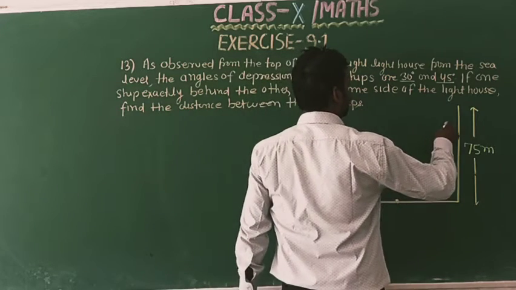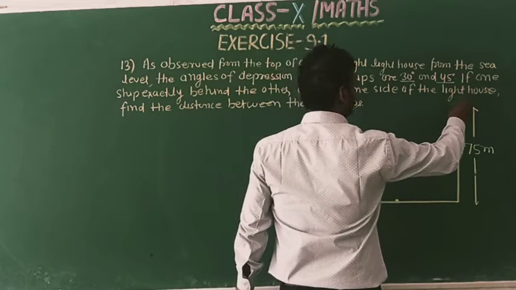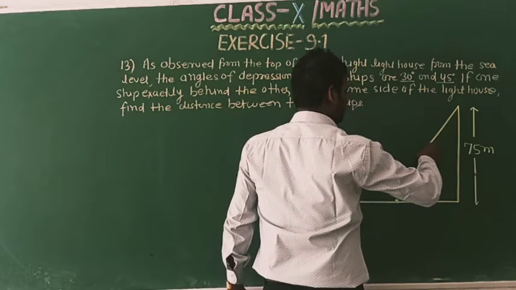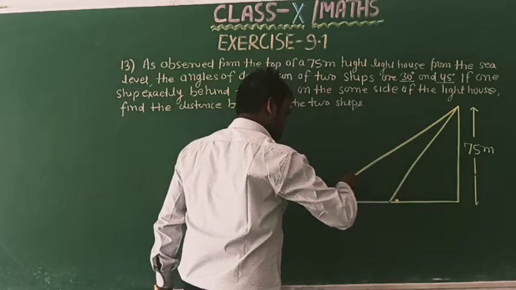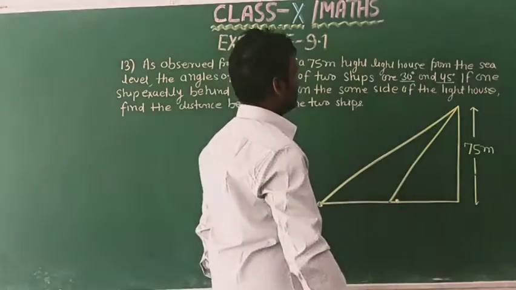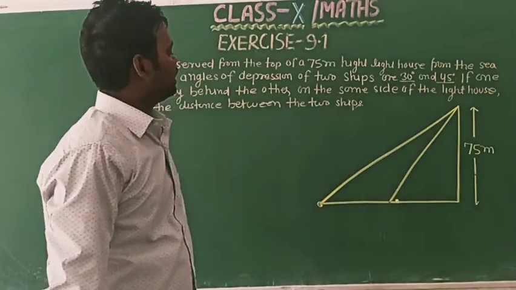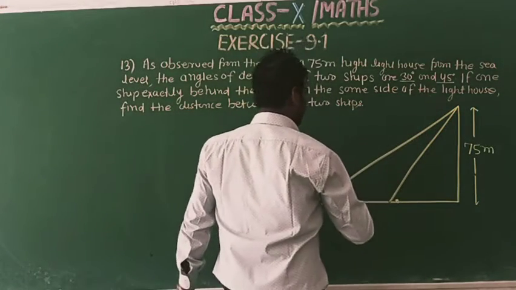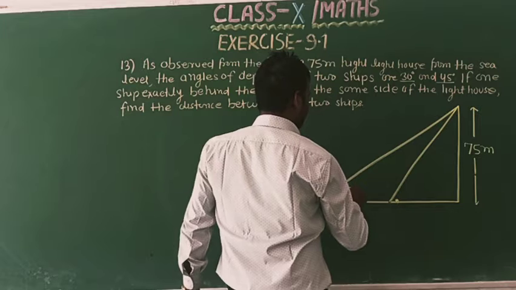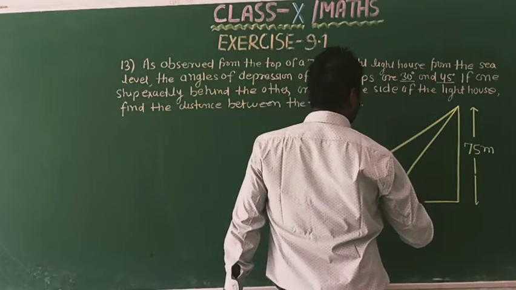Okay, the angle of depression of the first and second ship is given as 30 and 45 degree. So this is 30 degree and this is 45 degree.